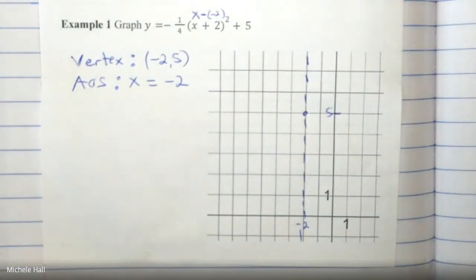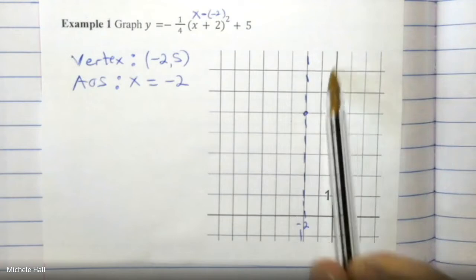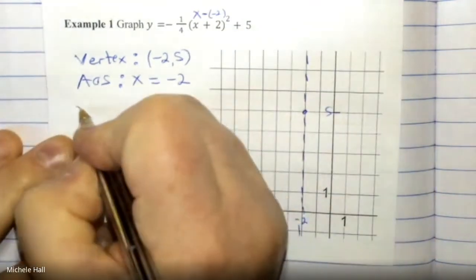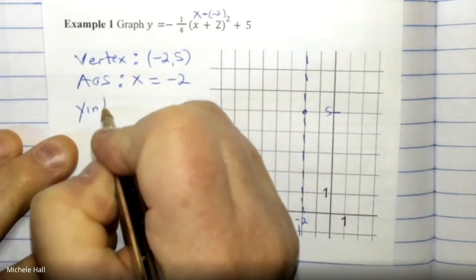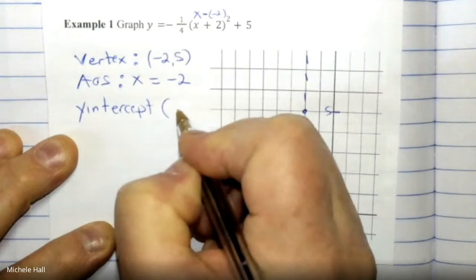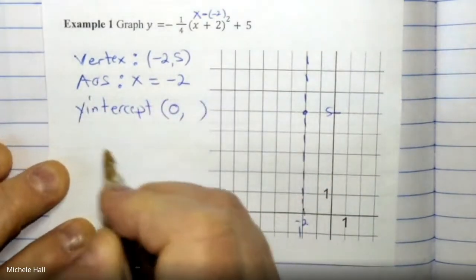I need a point on either side so that, again, I can use my symmetry. And we know that the Y-intercept is the easiest value to calculate. I am letting x equal 0 to find the Y-intercept.